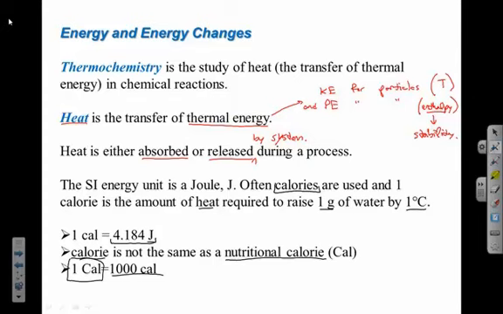So a calorie is a very small amount of energy. It doesn't take much energy to increase the temperature of a small gram of water by 1 degree Celsius. So your body needs a lot of those to function. A nutritional calorie is spelled with a capital C, and that's actually 1,000 lowercase c calories. So when we're talking about calories, we'll be talking about lowercase calories. That's much smaller than a nutritional calorie, which is 1,000 times that.